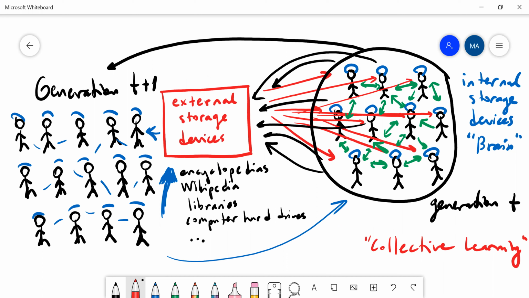The rate of knowledge generation, both propositional and prescriptive knowledge, was very small. There were wars, famines, all sorts of problems that kept life expectancy low.